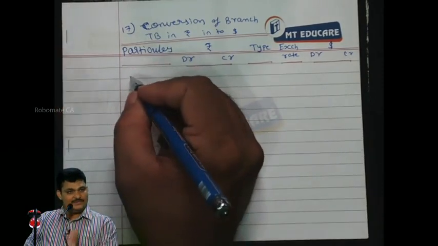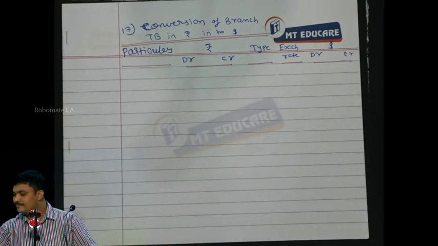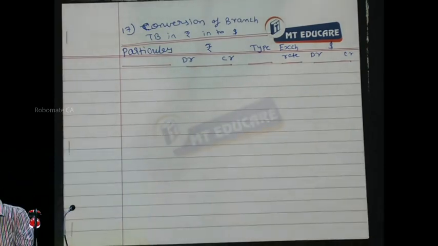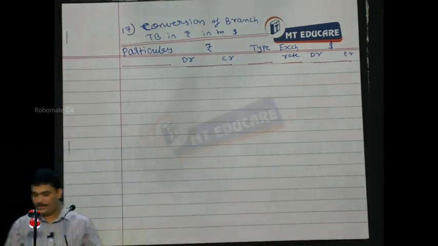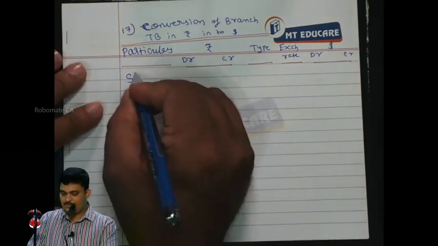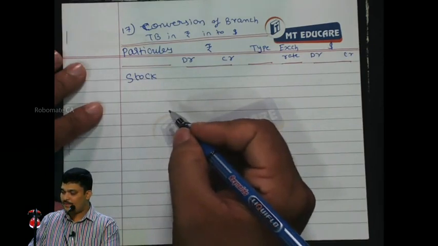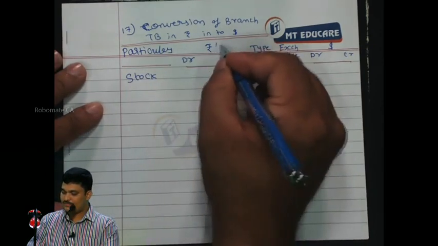Let's take one by one. The first item, let's copy the stock. Yes. Same answer. Stock in thousands.